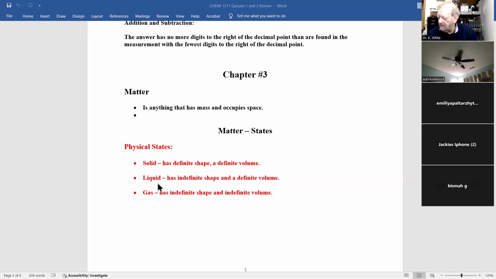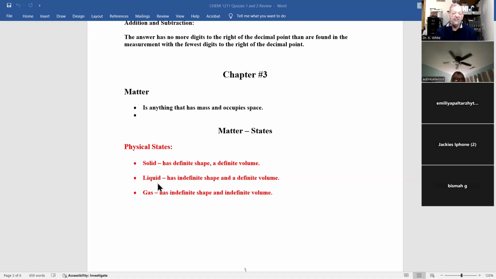Next, a liquid, like what's in this bottle, has indefinite shape, but it does have definite volume. And finally, what I'm breathing, and hopefully you are too, the air, that's a gas. A gas has indefinite shape, indefinite volume.